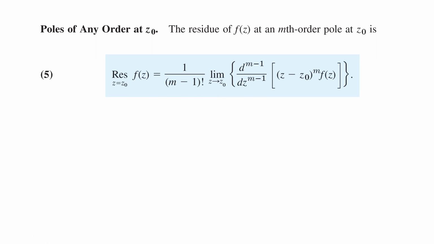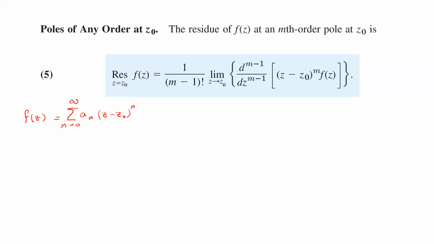I want to show you briefly where this comes from. Do you guys see where it comes from? It's not very obvious, but let's say you have f of z as a Laurent series. You have a Taylor series, sum of an times z minus z naught to the power n, n goes from 0 to infinity.